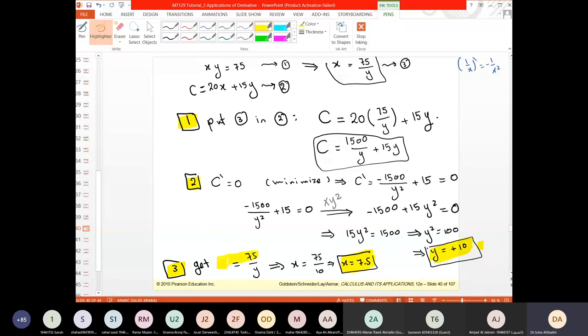We substitute here in x equal to 75 over y, y is 10, so 75 over 10, 75 over 10 is 7.5. Okay, is that clear?